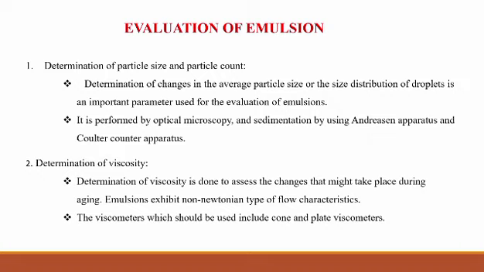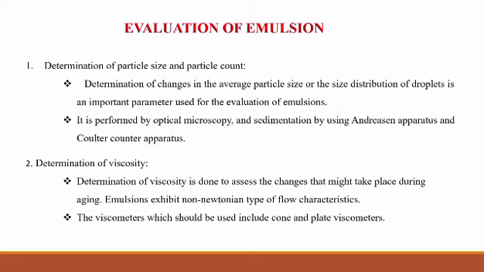First is the determination of particle size and particle count, because we already know that the particle size of the globules plays a major role in the stability of emulsions. When there are changes in the size or count of the globules, it may lead to instability problems such as coalescence.